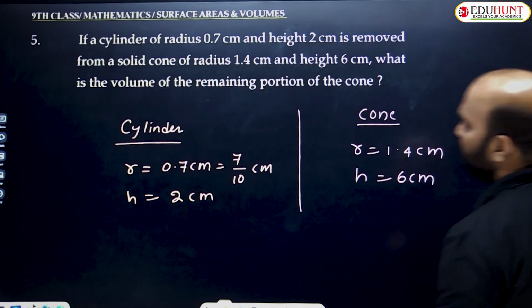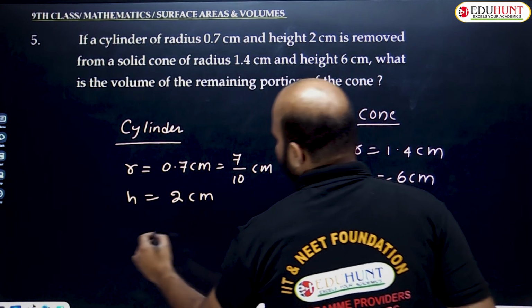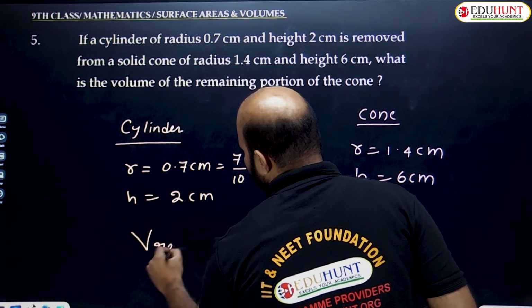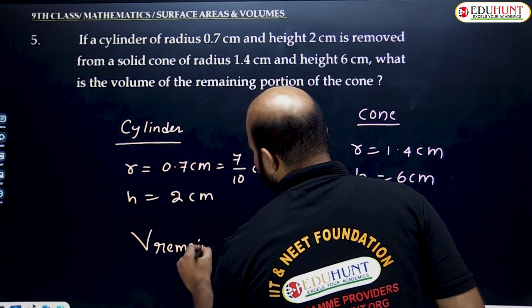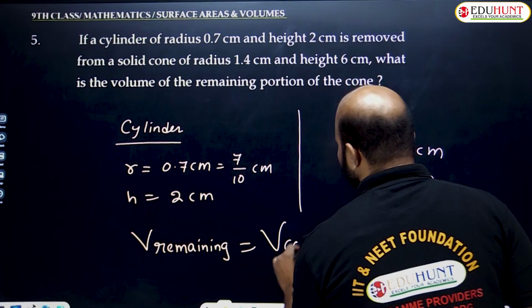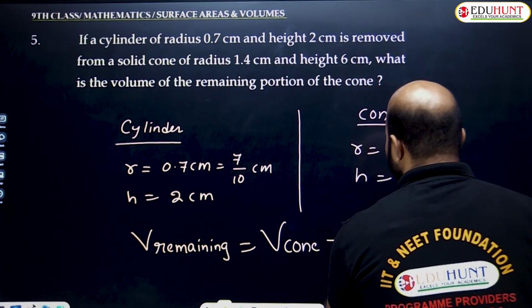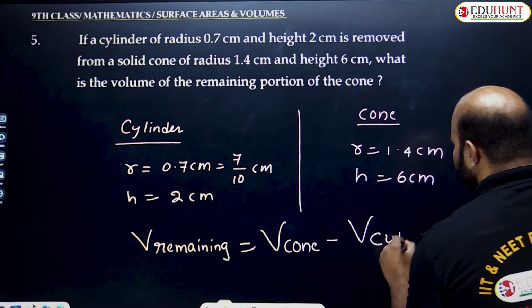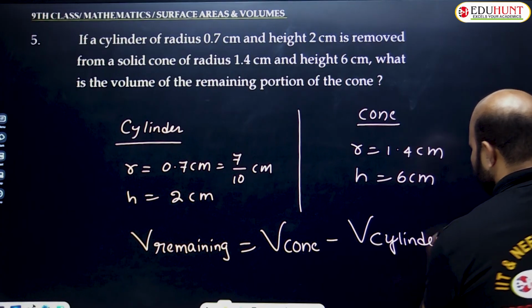The question asks for the volume of the remaining portion. So volume of remaining equals volume of cone minus volume of cylinder. This is the required answer.